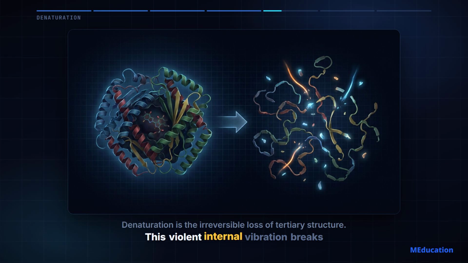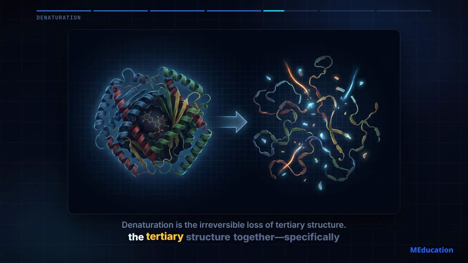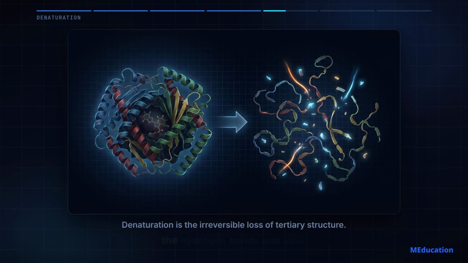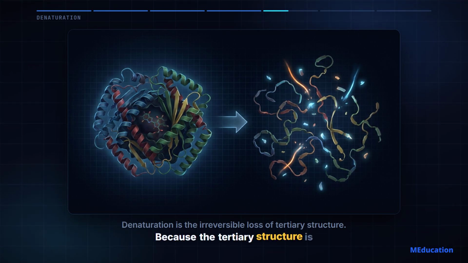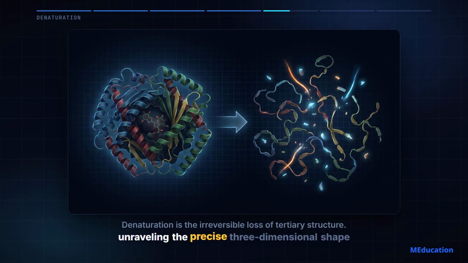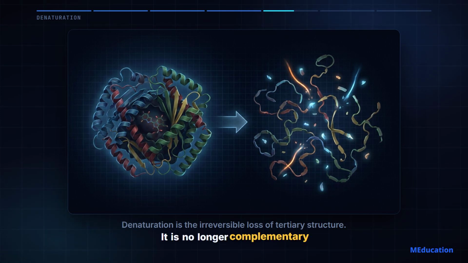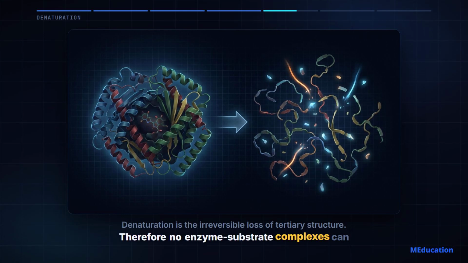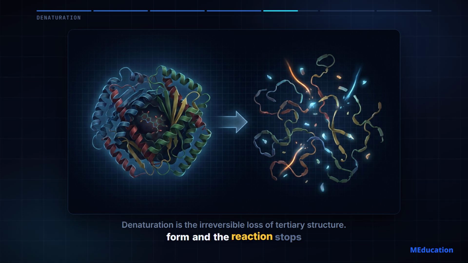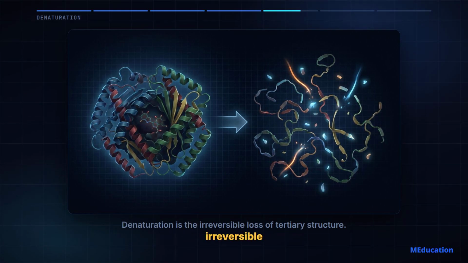This violent internal vibration breaks the relatively weak bonds holding the tertiary structure together, specifically the hydrogen bonds and ionic bonds. Because the tertiary structure is unraveling, the precise three-dimensional shape of the active site is lost. It distorts. It is no longer complementary to the substrate. Therefore, no enzyme-substrate complexes can form, and the reaction stops completely. This process is almost always irreversible.